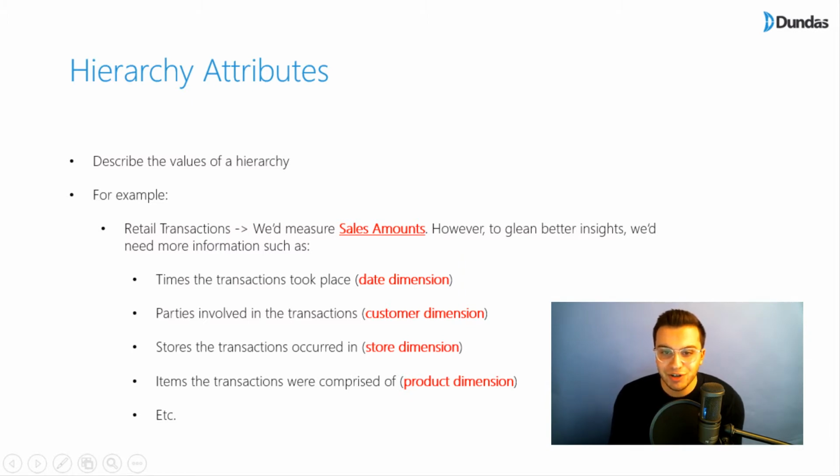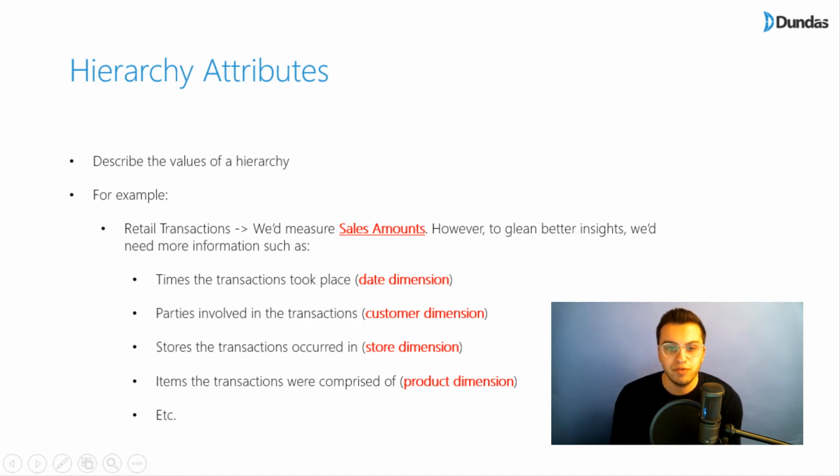In a nutshell, attributes are known to describe the values of a hierarchy, such as the color or size of a product, in, say, the product level of the hierarchy. So, for example, if you've compiled data that references retail transactions, you'd likely be measuring each transaction cost, or in other words, the sales amount. Now, sales amounts alone, however, do not amount to much insight.